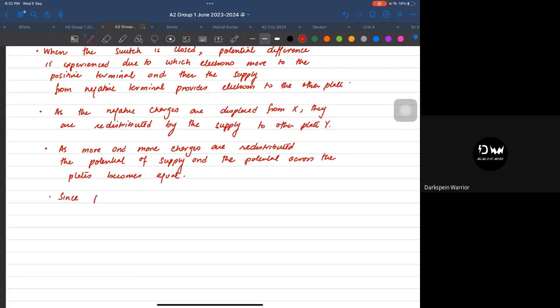Since potential difference becomes zero, hence the charges stop flowing and charging terminates.